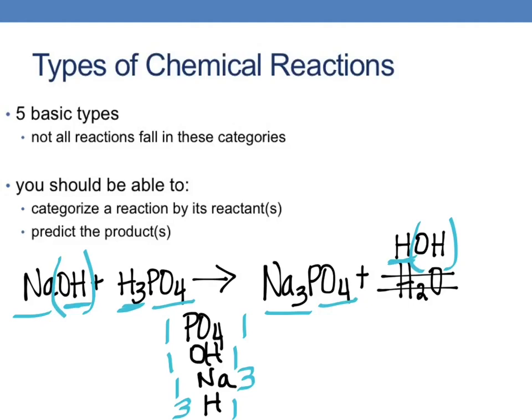So PO4 is good, my OHs are good. So to get my NAs to 3, I'm going to put a 3 here, which gives me 3 NAs. But now how many OHs do I have? I now have 3 OHs.